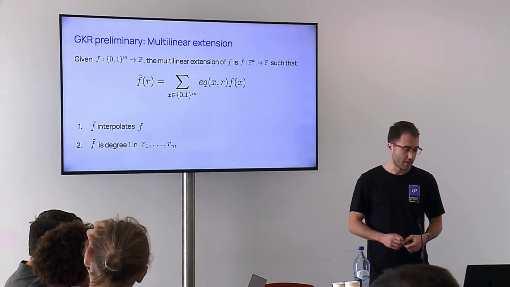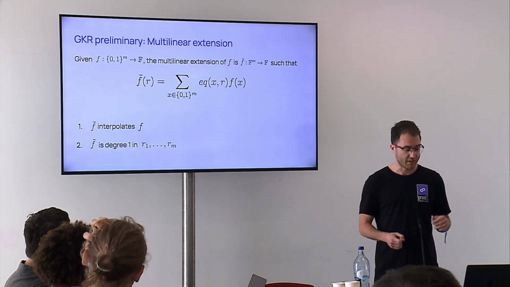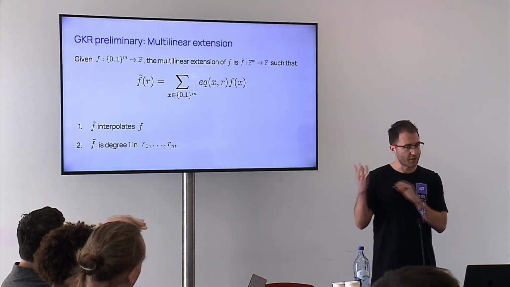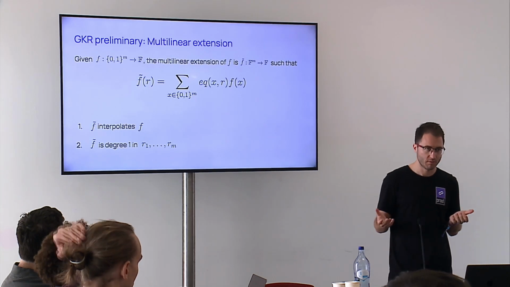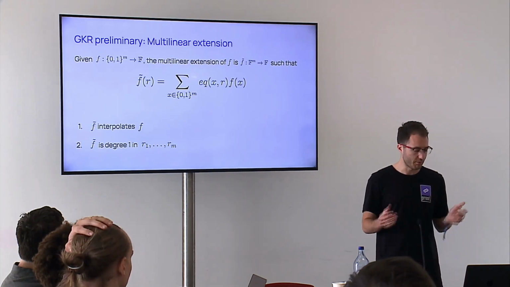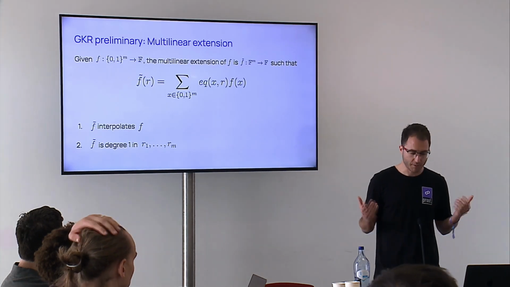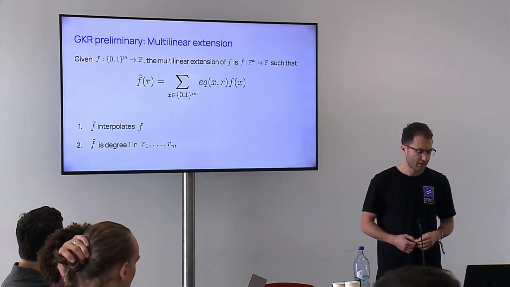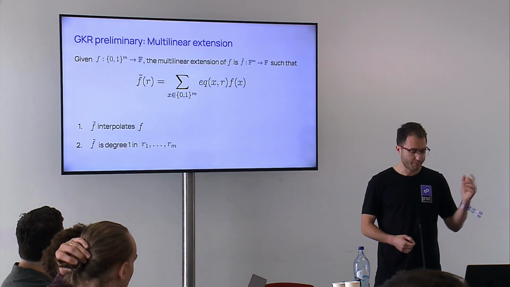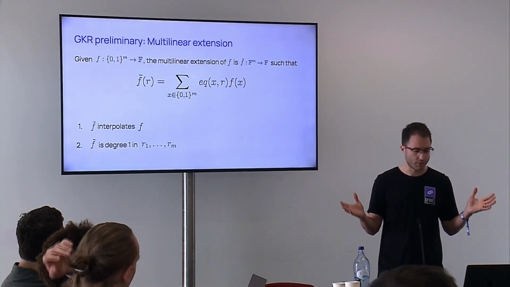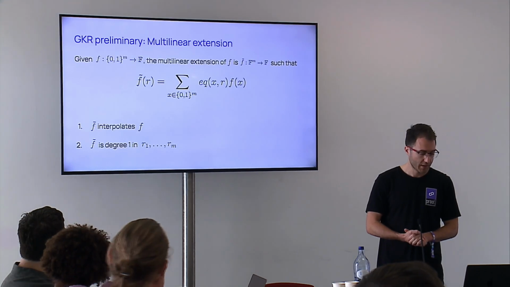And the degree is 1 because it is in r. And as we talked before, the eq function is multilinear. So by function composition, the f tilde is also degree 1 in all the variables.